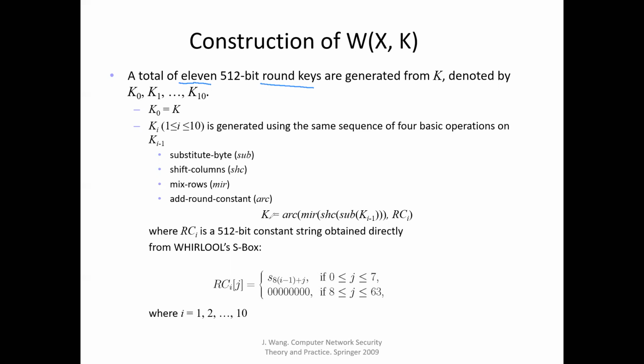So this is how you generate K sub i. Here, RC sub i is a constant. They have an S-box you can get, which is defined here.